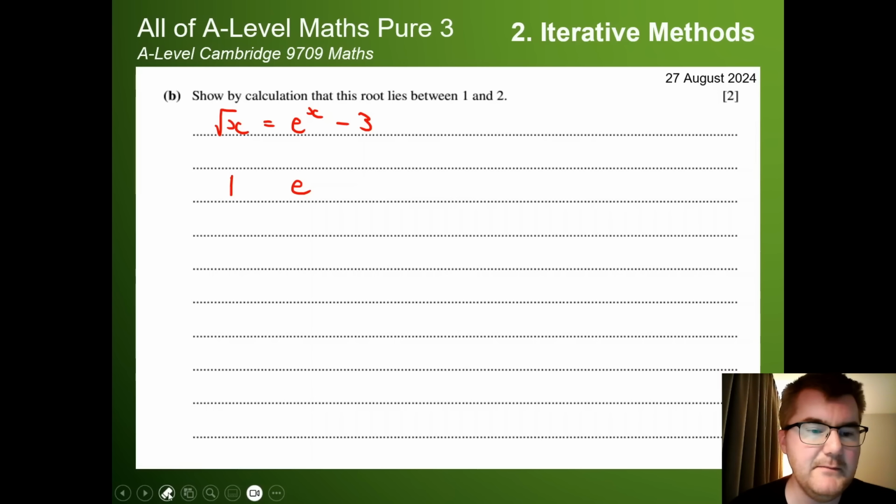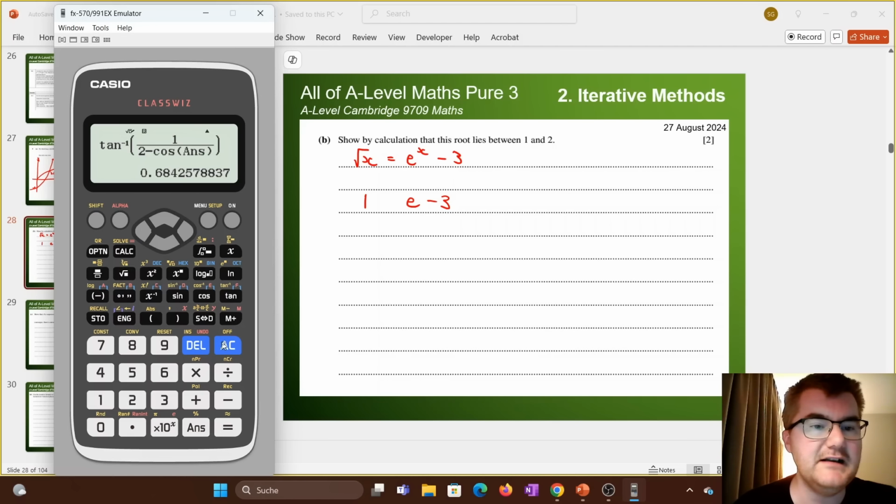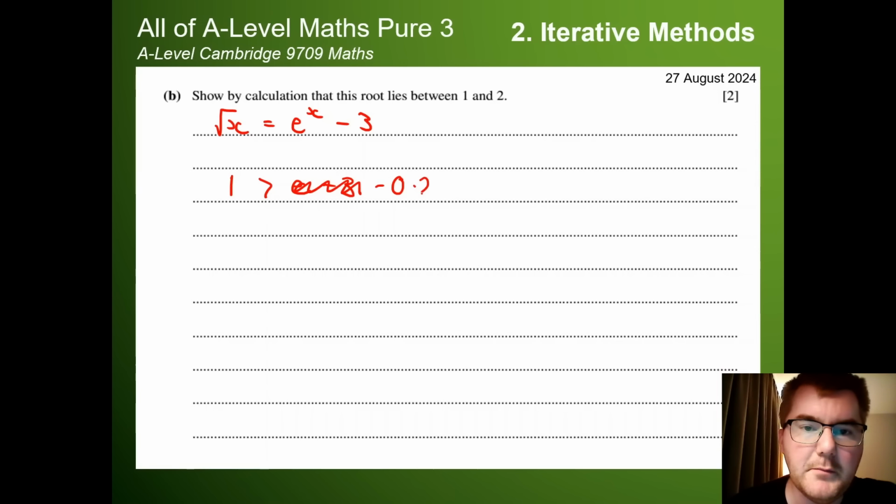And if we do e minus 3, let's work out what that looks like. So again, you should have your trusty calculator ready here, and we're going to use the e function, so shift and natural log button, and this is just e to the power of 1 and then minus 3. That gives us minus 0.28. So it's going to be minus 0.28.